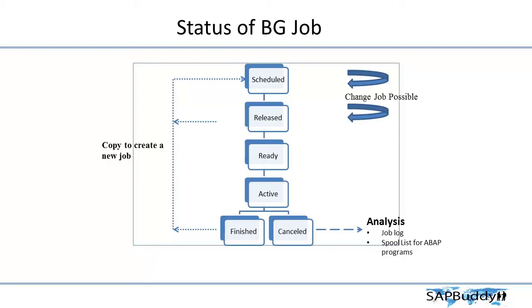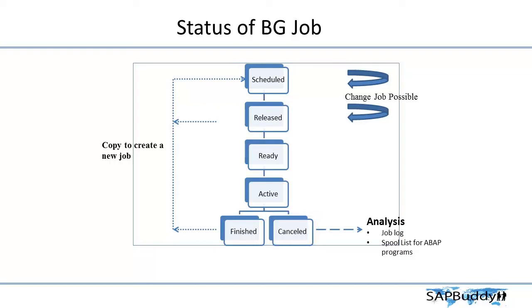Once the job is successfully completed, it will go to the status finished. If you go by debugging method and cancel this job, then it goes to the status called cancelled. There are two possibilities of cancelling the job.